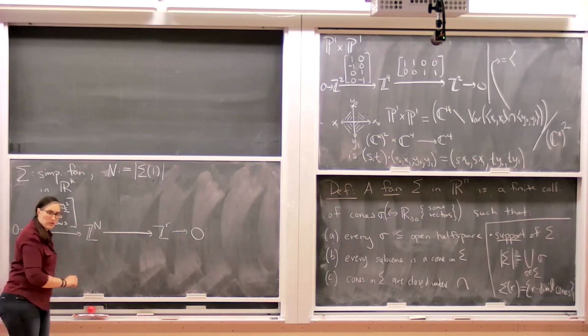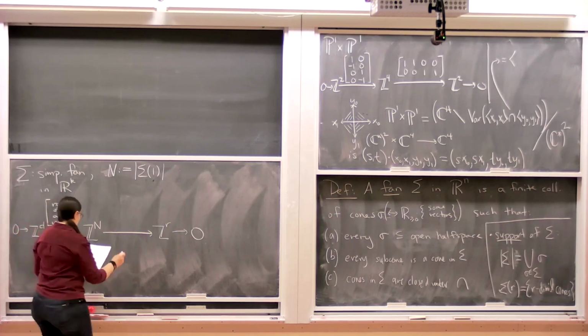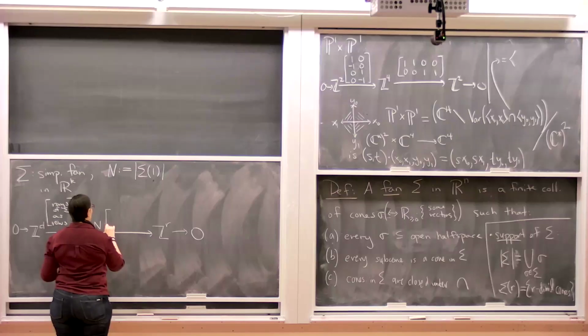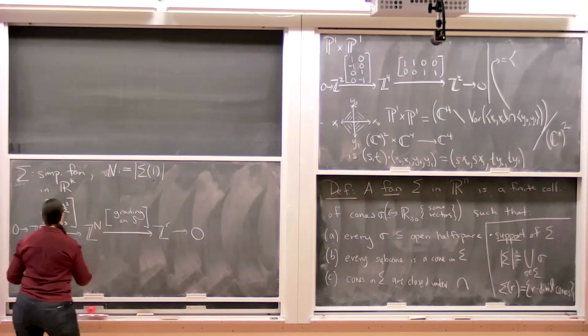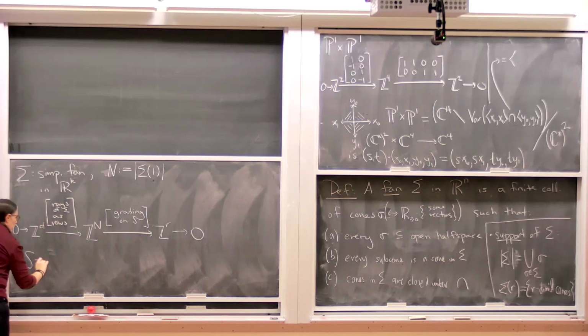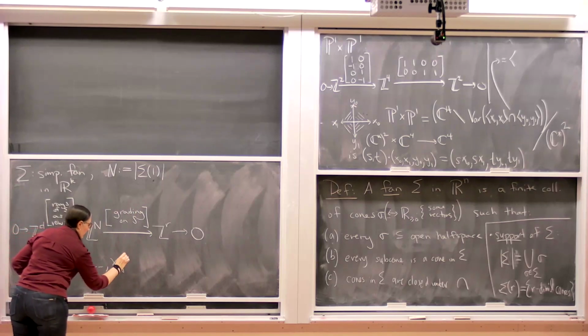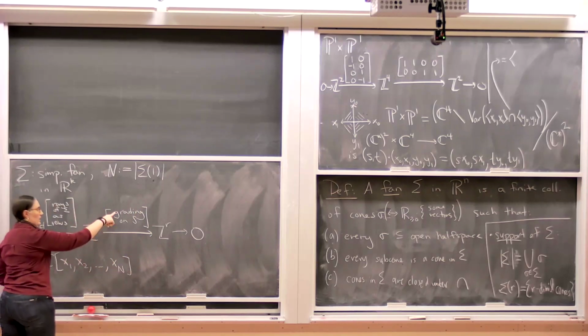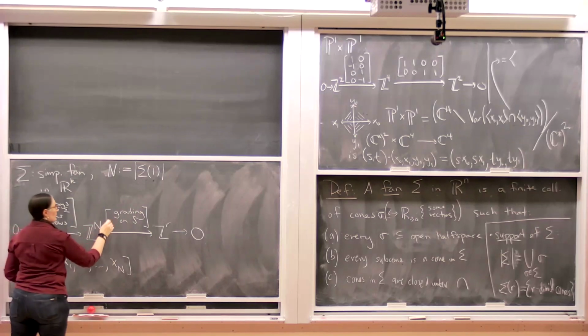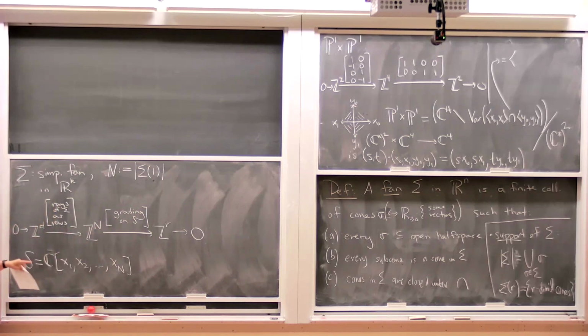And then I'm going to get a co-kernel over here, and I'm going to use this to give me a grading on S. In order for this to make sense, I need the columns here to have capital N of them.